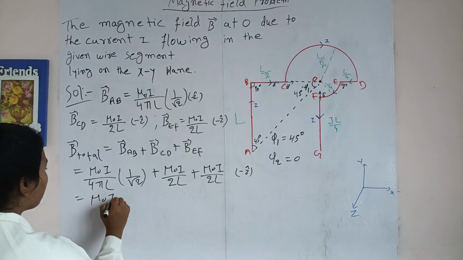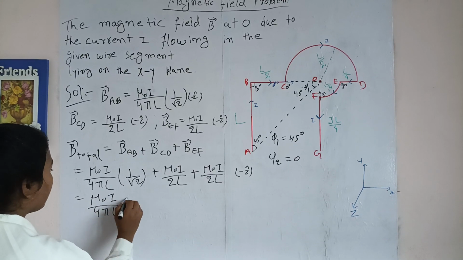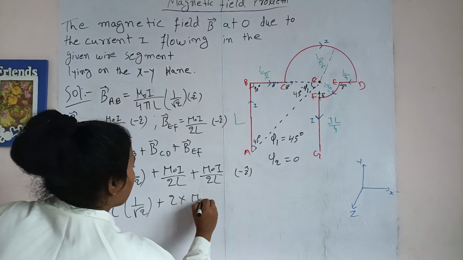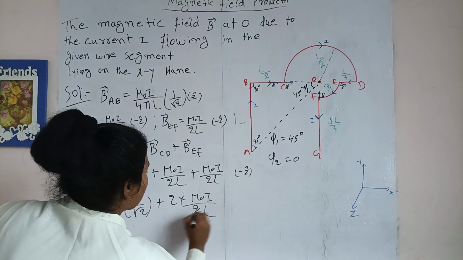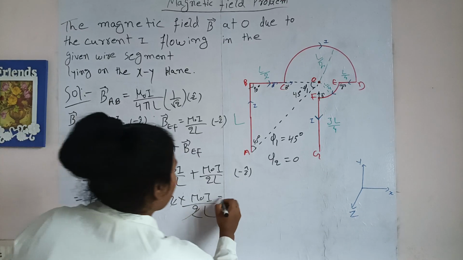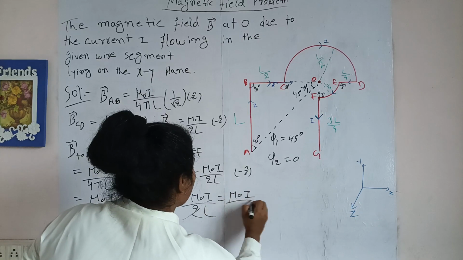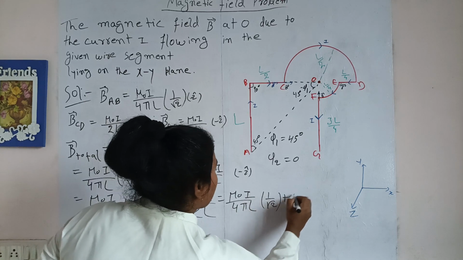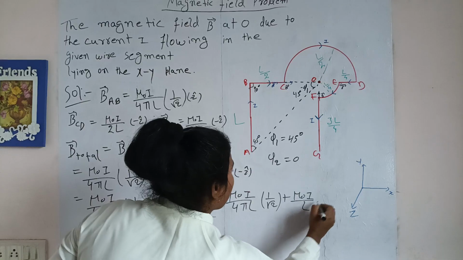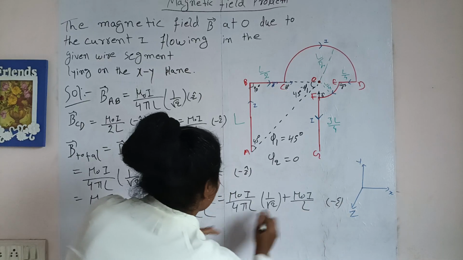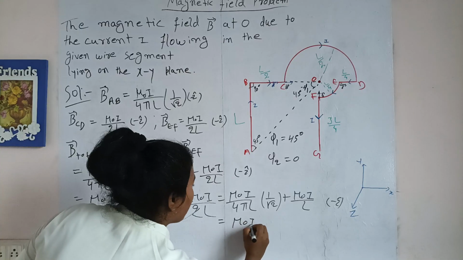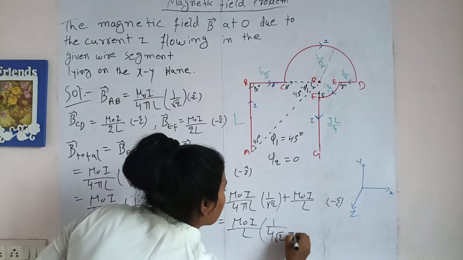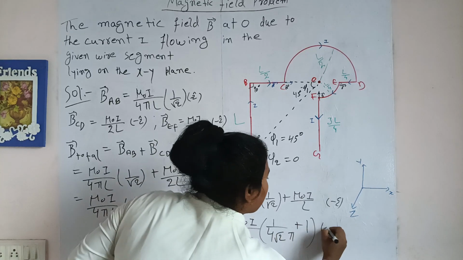Now here mu naught I by 2L plus mu naught I by 2L, this 2 cancels, it becomes mu naught I by L. So mu naught I by 4 pi L times 1 by root 2 plus mu naught I by L in minus z hat. Now mu naught I by L is common, here it becomes 1 by 4 root 2 pi plus 1 in minus z hat.